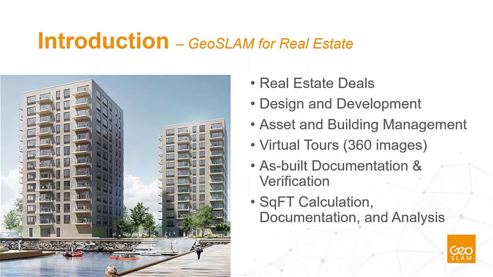We find new applications for our technology every day, so it's really versatile and can be used for a variety of different things. The real power of this technology is that we're able to quickly and accurately create a three-dimensional digital document of any space, any objects, really anything that you can see, you can capture with our scanners.